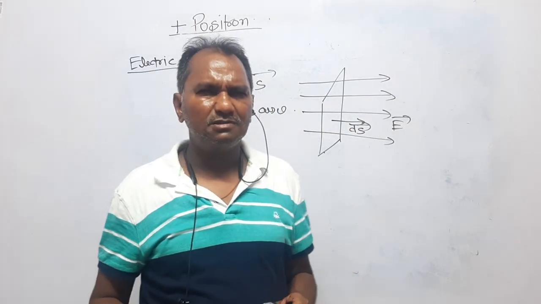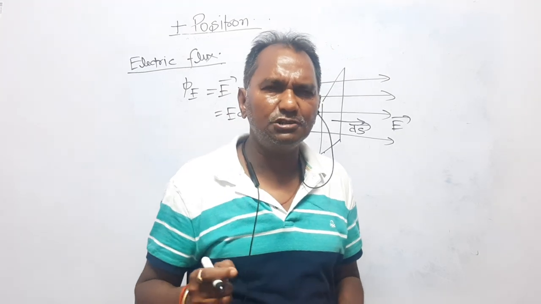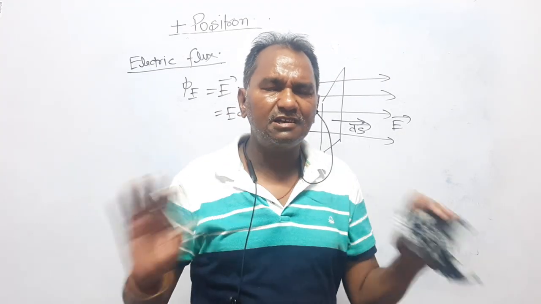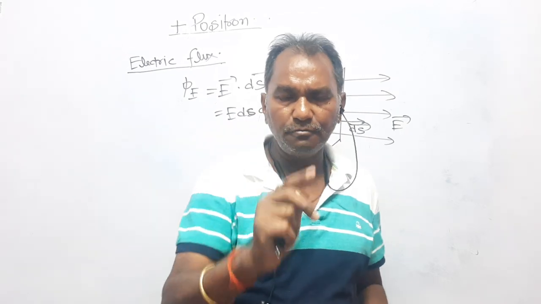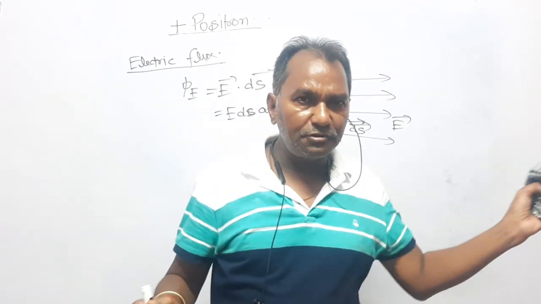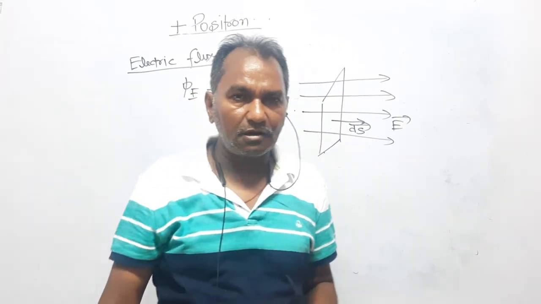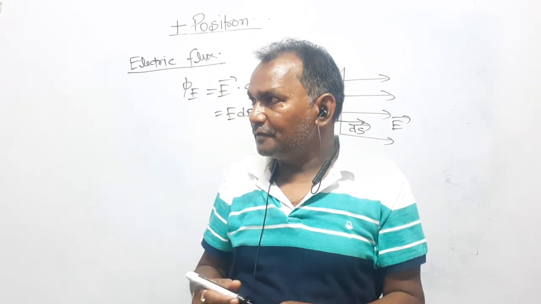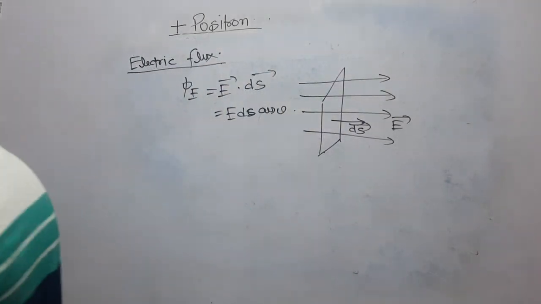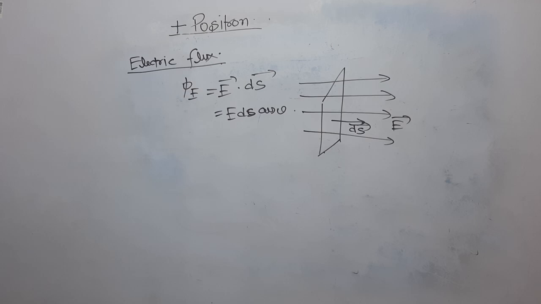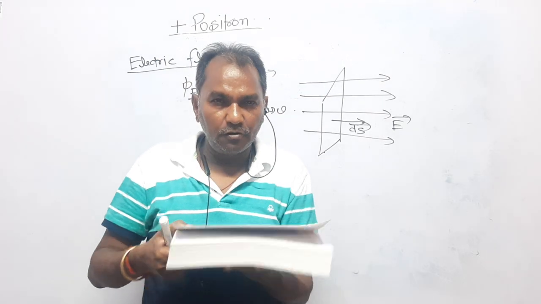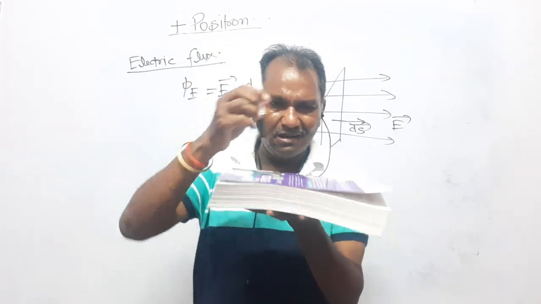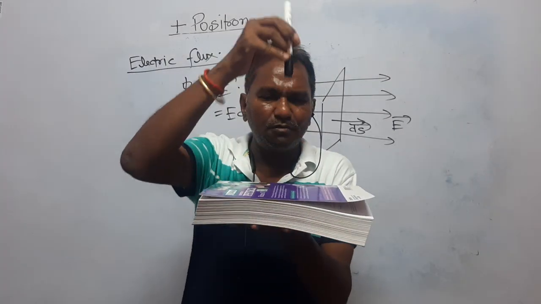Dear students, the room in which you are sitting and watching my videos has 6 surfaces: back to me, front to me, left to me, right to me, above me, and the ground. In all these cases, the area is normally outward.